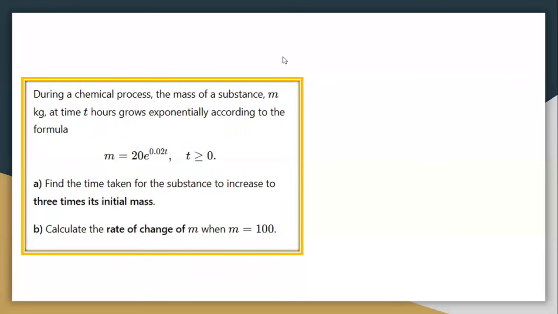I'm seeing some answers coming in. People have gone to part B without part A. Okay, maybe let me start from there.